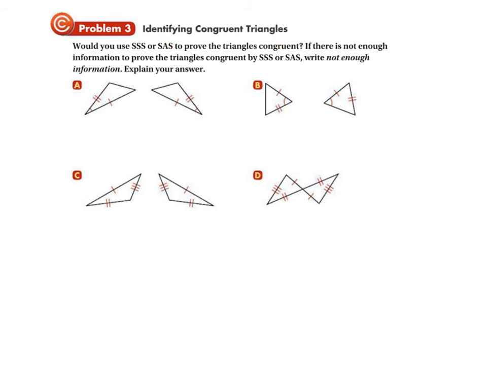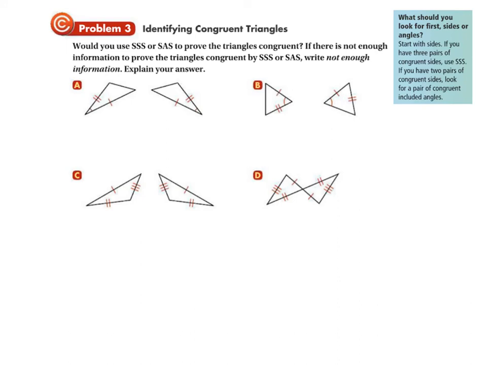And maybe there's not enough information. If there's not enough information, write that. But what would you use to prove it? And here you can see, where should you start? It suggests, well, start with sides because if you have three sides already, you're using side side side. But if you only have two sides, then you just got to check, is the angle that I'm given the included angle between those sides?